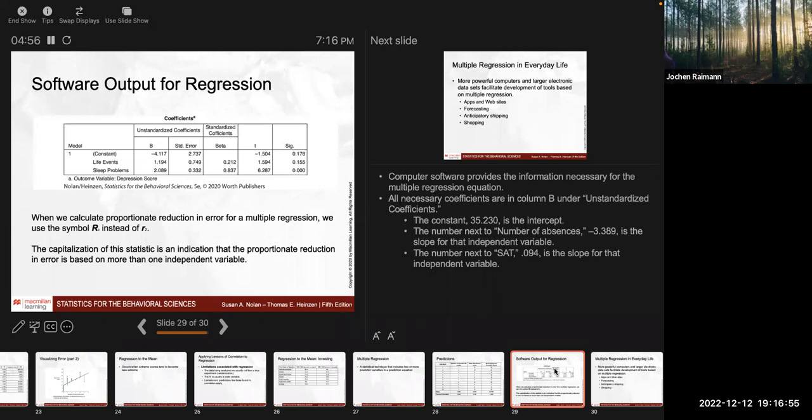You add the intercept with life events multiplied by 3, plus sleep score multiplied by 2.0989. That's how you can estimate the individual patient's depression score. Of course, unfortunately, with a certain kind of error, and the error is actually not that small.